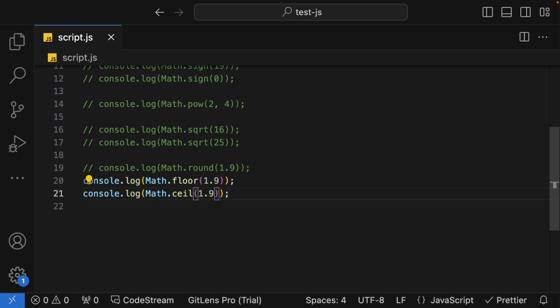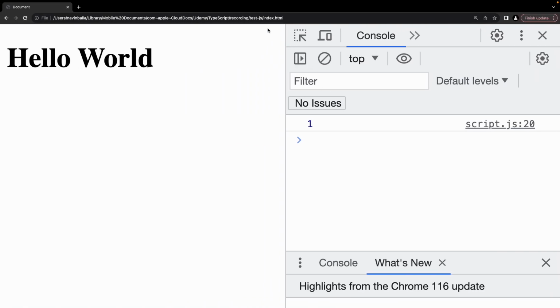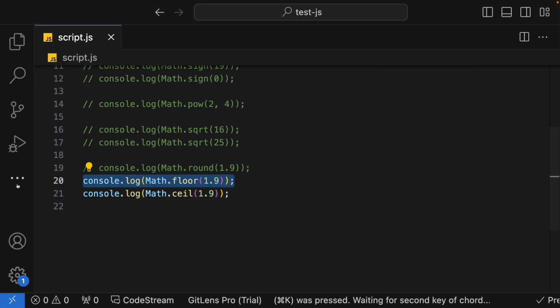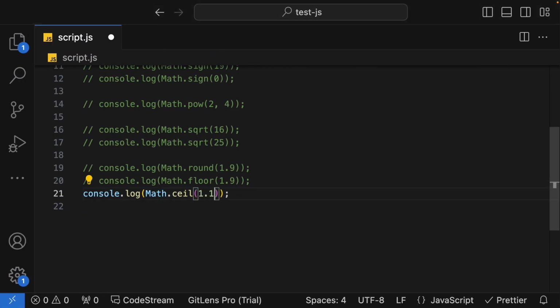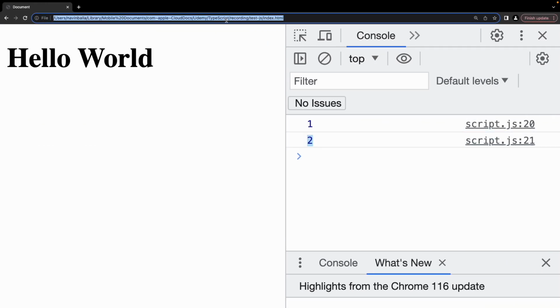So if it is 1.9, of course it will be 2. But if we try 1.111, in this case also the nearest integer number in the upward direction is number 2, and that's the meaning of ceil.